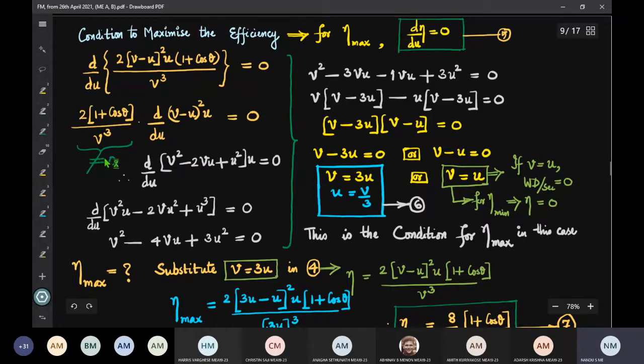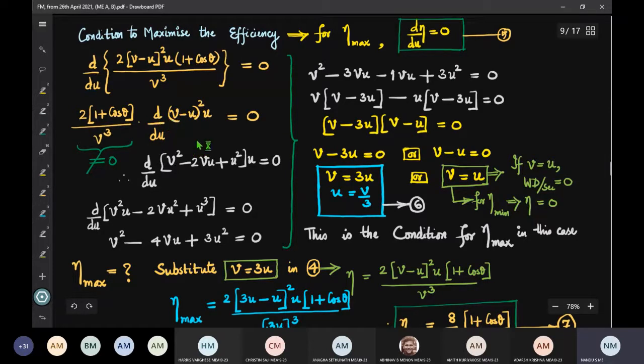So this expression 2 into (1 plus cos theta) by v cube into d by du of (v minus u) whole square into u is equal to 0. And this factor which we have taken out of the derivative is not equal to 0. So the product of these two terms is equal to 0 means if the first term is not equal to 0, obviously the second one is 0.